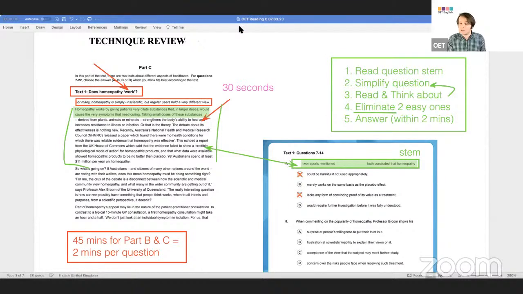This more or less is what you're supposed to do, okay? I added in simplifying the question, that's my idea, and also eliminating. But you're not supposed to choose keywords because of inference, okay? But if you can do well, then whatever works for you. I just want people to pass, of course. Any other questions before we move on?